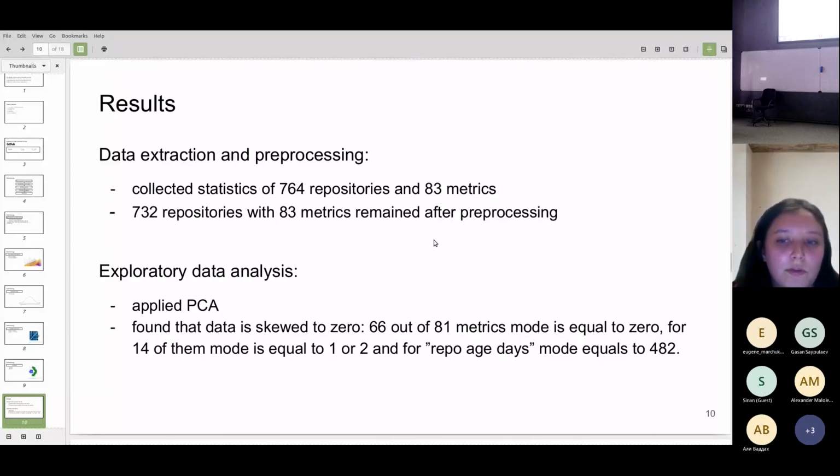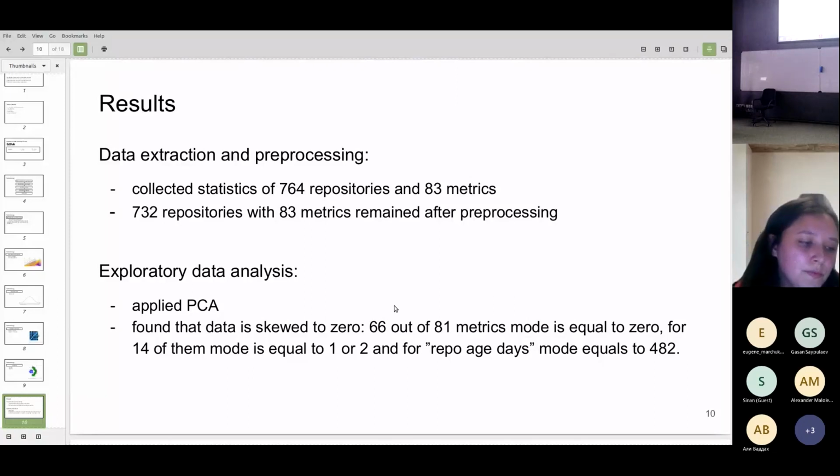And only for one feature, mode was equal to a big number, 482. All this shows that data is skewed to 0. And one more important thing, that for all features, standard deviation was much bigger than mean.